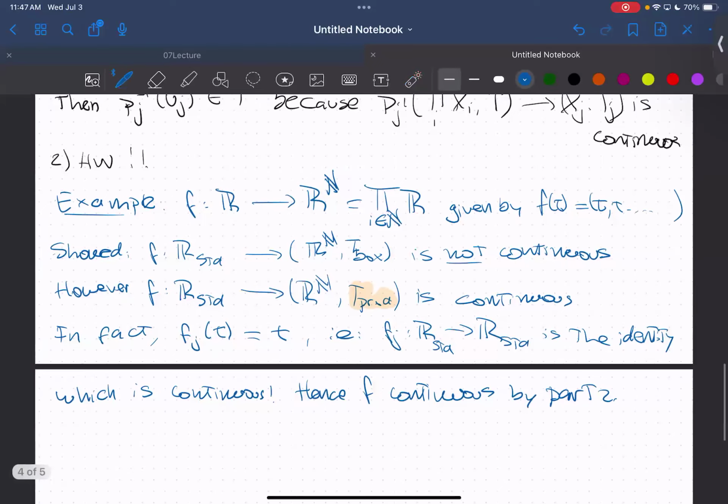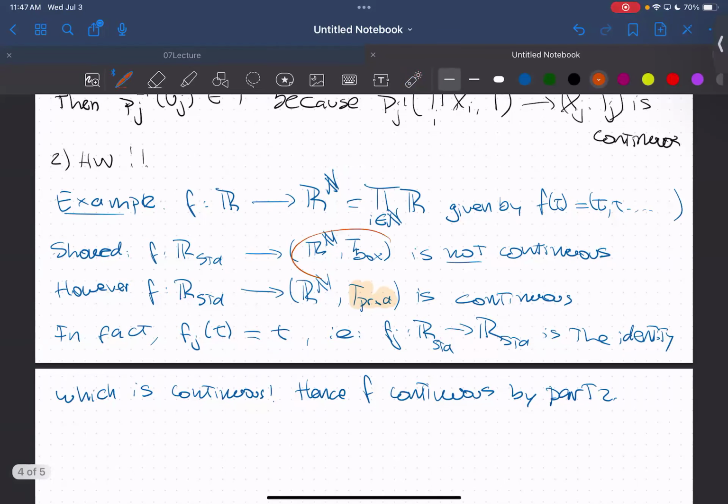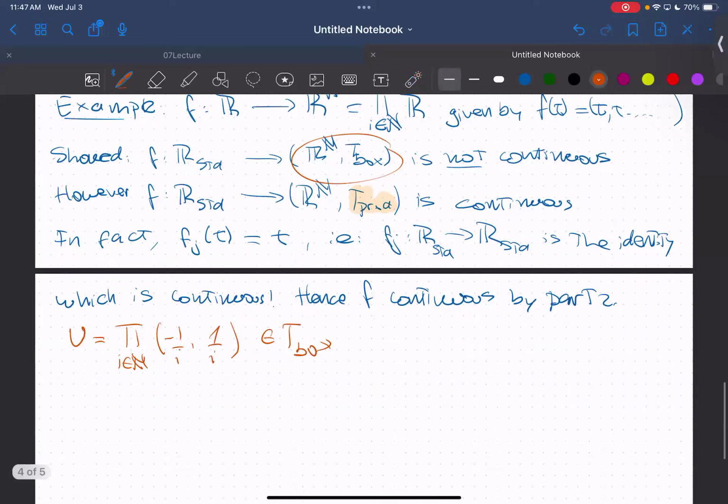The argument is that in T box, you can take this box of -1/i to +1/i over the integers. This is open in T box. But when you do F inverse of U, we showed it's just the singleton zero. And I'm claiming this one is not open.